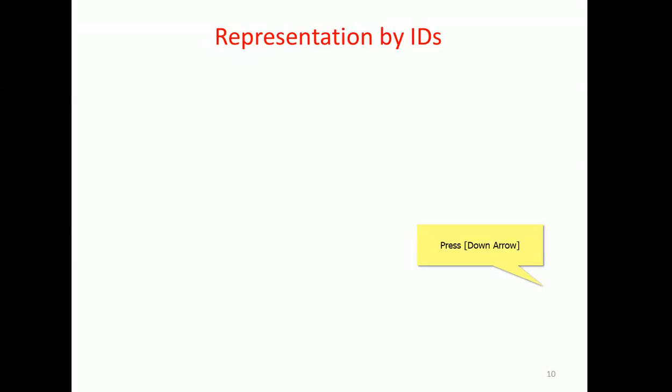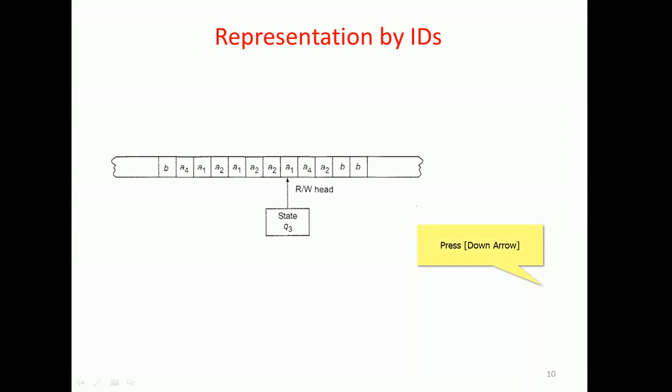So in the representation by the instantaneous description, we have an infinite length of tape which is currently pointing, through the read write head, at the character A1 in state Q3. All the cells are represented by either a character or a blank, as we narrated in the previous discussion.